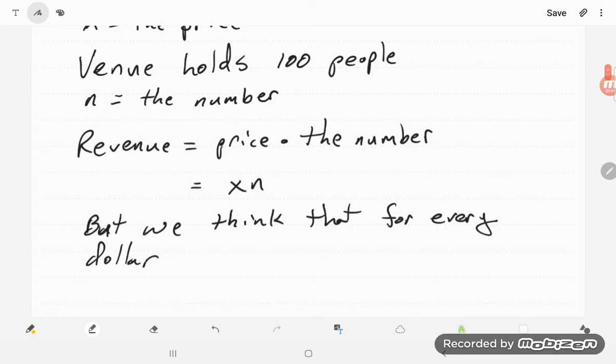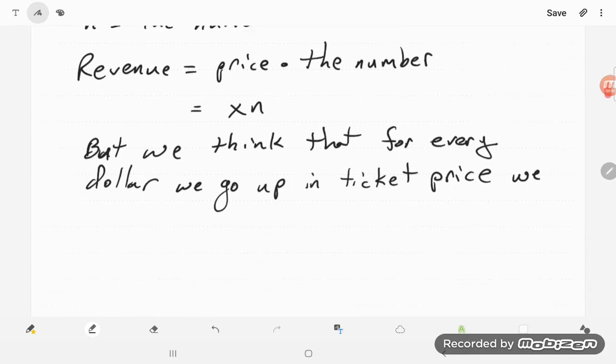Sorry about that. But we think that for every dollar we go up in ticket price, we lose 5 people.